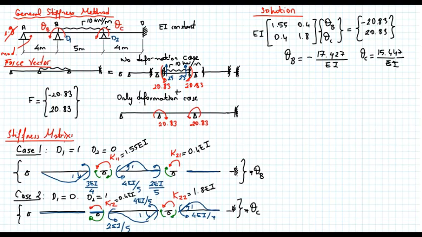Let me write it this way in a better way. Alright, now we have determined the values of the degrees of freedom, but of course the analysis doesn't end here.